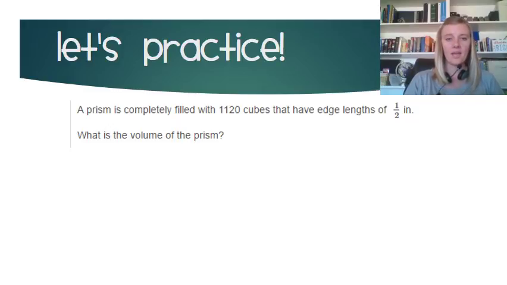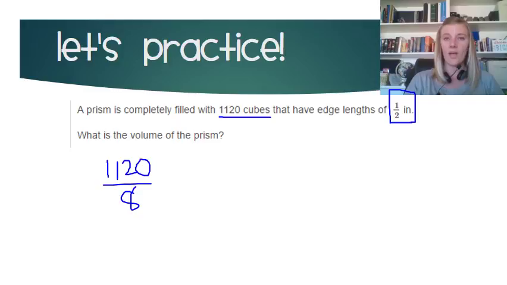So when they have given us how many cubes there are, and it's a fractional length, we are going to take that number of cubes and we are going to divide by how many cubes it takes to make up one whole. So half-inch, that cheat sheet told us that it takes 8 cubes to make up one whole. So we're going to divide that 1,120 cubes by 8 to get the actual volume of the prism.